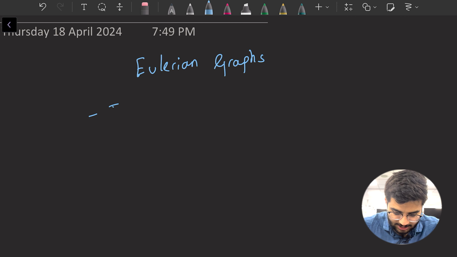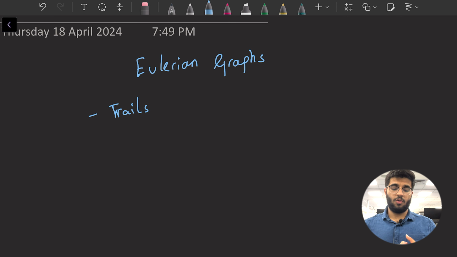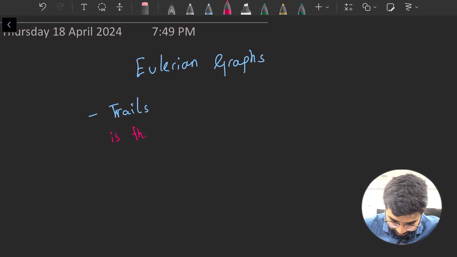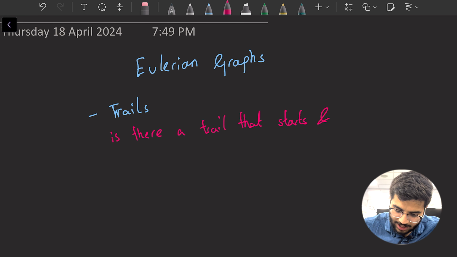So we consider trails on the graph. Hopefully you remember what a trail is. A trail is a route on which no edge is repeated. We consider the trails on the graph and we ask, is there a trail that starts and ends at the same node or vertex?